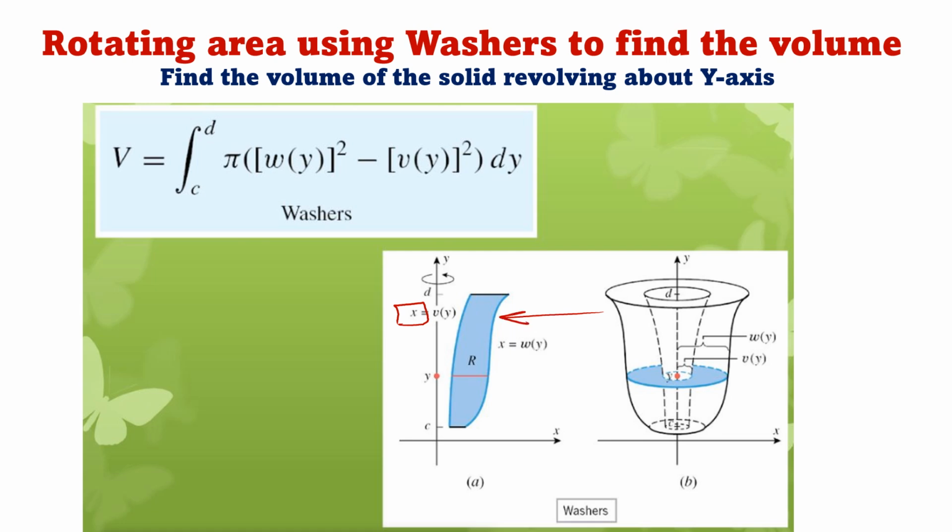So we write the volume equals pi, the right curve squared minus the left curve squared. Since every equation, right and left, is written in terms of y, we have to write the dy. Here we will write y1 as the lower limit and y2 as the higher or upper limit.